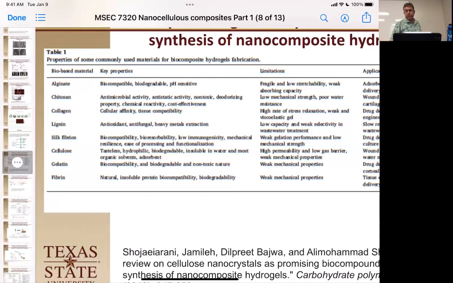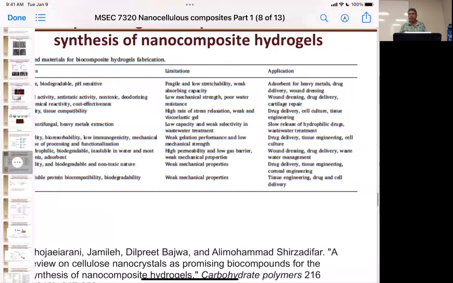But then you look at the application here: heavy metals and drug delivery. So we're doing two different things there. We're asking the hydrogel, in one case, to suck things up, and in the other case, to release things. But guess what? As long as you have some permeability and some diffusibility, you can do either one. So it works in both cases. Now, the next thing that it says is wound care.